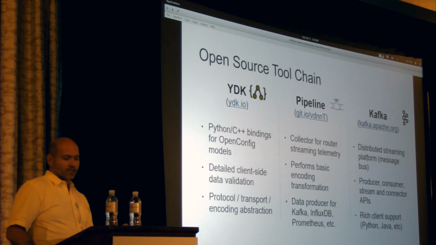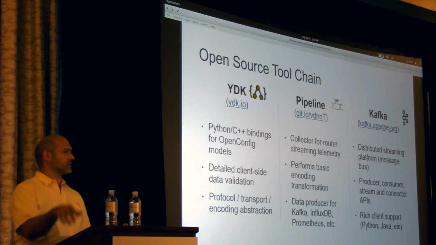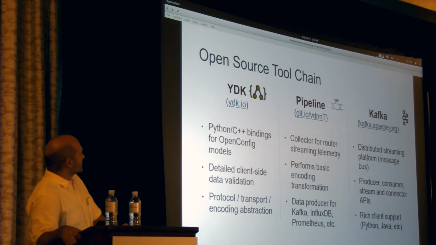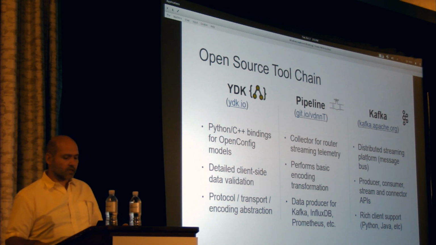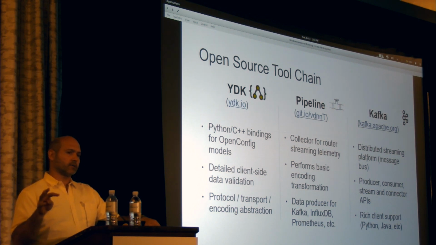All right. So before I show the details of the configuration and we execute the scripts, let me talk a little bit about the open source tool chain that I'm using in this testbed. The first thing I'm using is YDK, the YANG Development Kit. That is basically an SDK that gives me Python and C++ bindings for the data model.